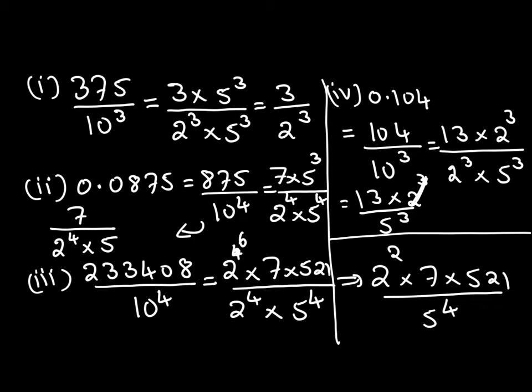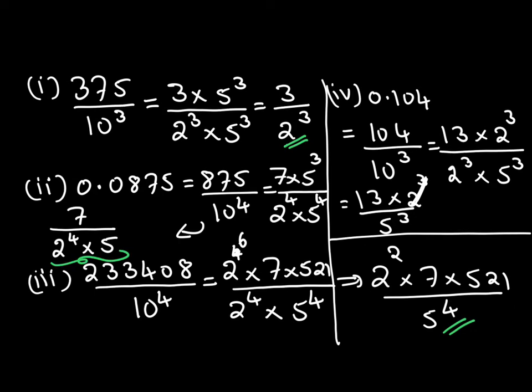So if you observe over here, any terminating decimal can be expressed as a fraction p over q, where the denominator q is either only a power of 2, or only a power of 5, or the powers of both 2 and 5.